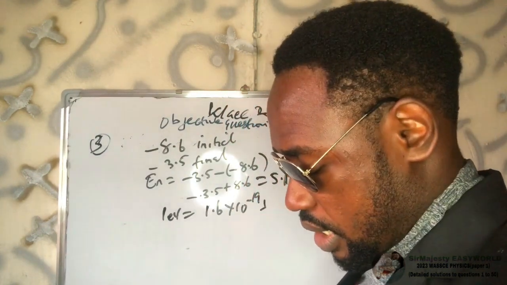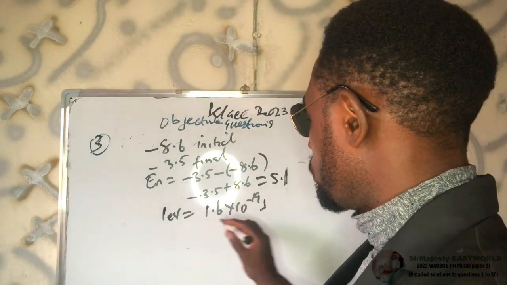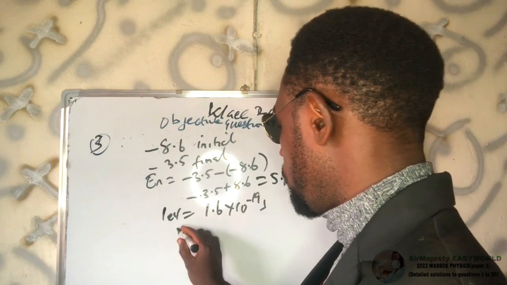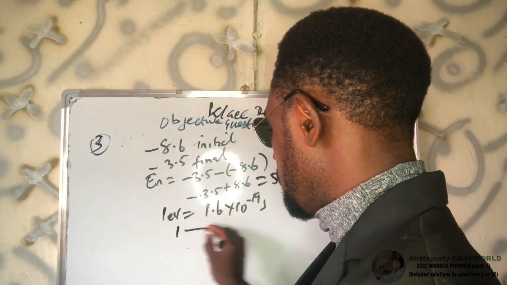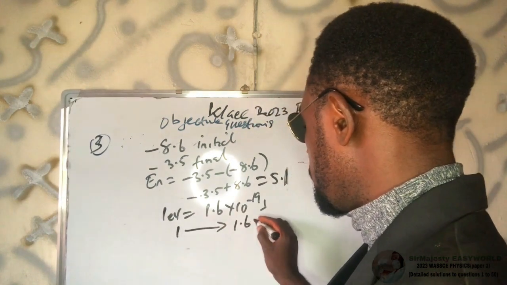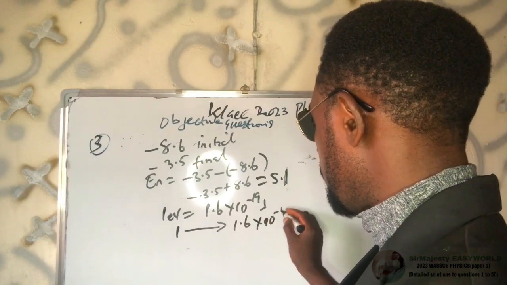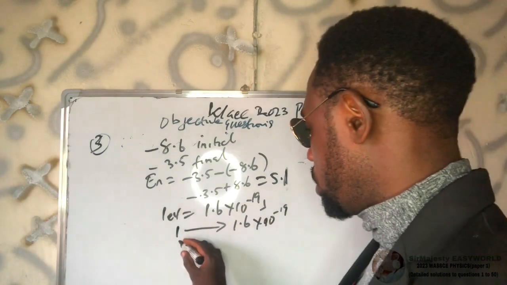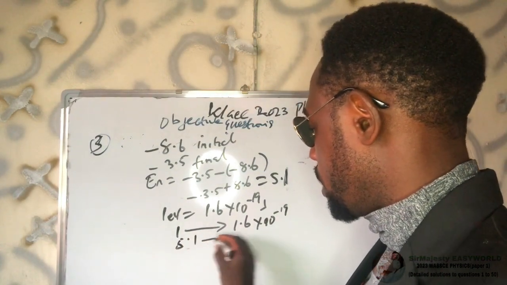So let us see the energy now. We have gotten 5.1. If 1 is represented by 1.6 times 10 raised to the power minus 19, what will 5.1 give?